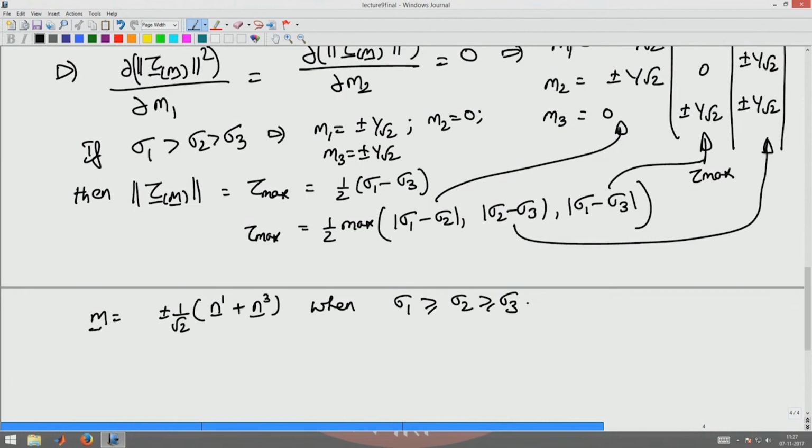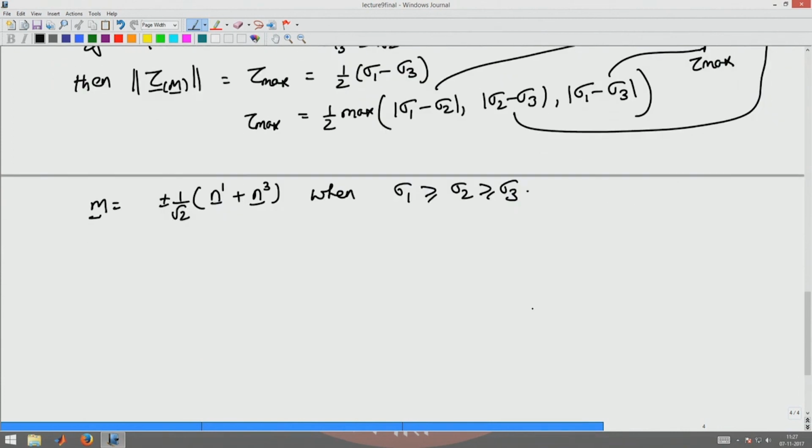So, there are 4 possible planes here, the 4 possible planes in the n1, n3 coordinate system. Say this is n1 and this is n3. The possible planes are making 45 degrees with respect to each. These 4 planes are the planes on which the maximum shear stress occurs.